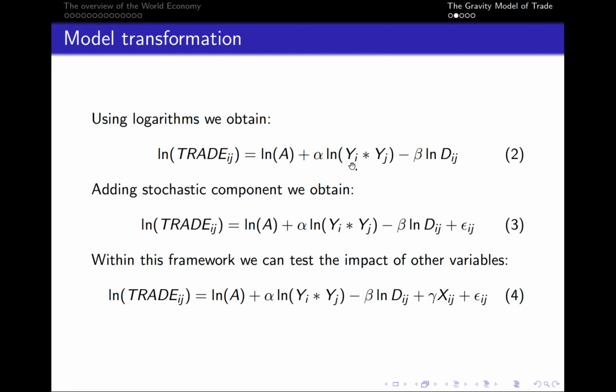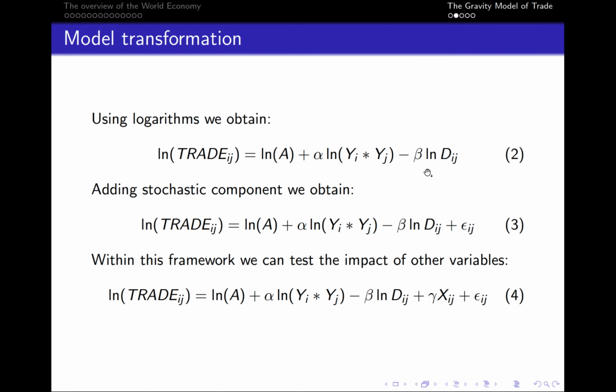So we interpret it as: if the real GDP product of two countries increases by 1%, then trade between these two countries increases, on average, by alpha percent. And the same thing holds with beta. Remember, we have a minus in front of beta, which was explained previously.